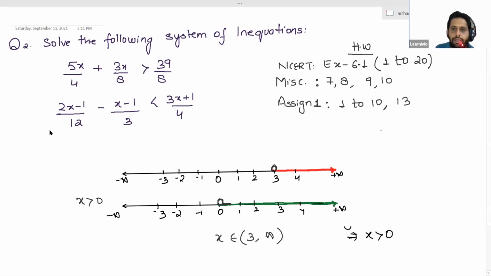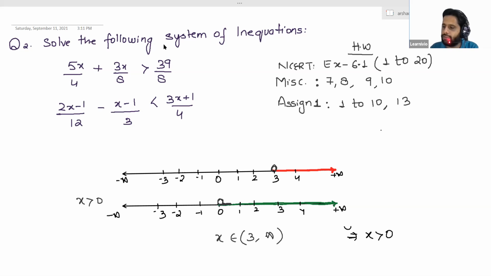Okay, sir, and in the miscellaneous, do we have to do only 7, 8, 9, 10 in NCERT? In miscellaneous, you need to do only 7, 8, 9, 10. Miscellaneous in your NCERT. Okay, so I will tell you the page number.